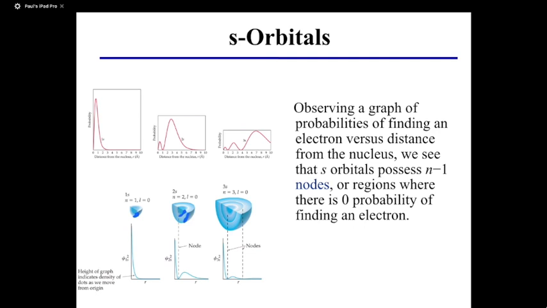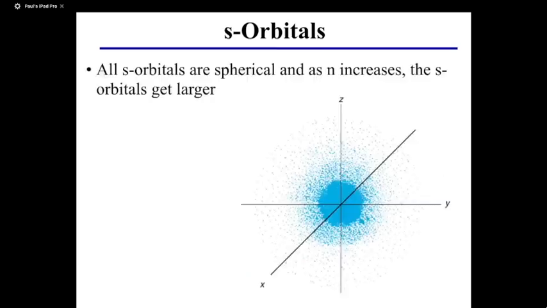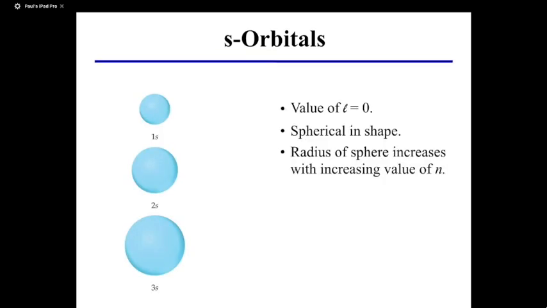If you have 3s, it is a sphere just larger, further away. All of the s's look like shells or balls. And this is really a better look at it. Okay, remember, it's a probability, so they're bouncing all over the place, but 95% of the time they're going to be in that little shell place. And the value just means it gets bigger and bigger and bigger, meaning the electrons are farther away.